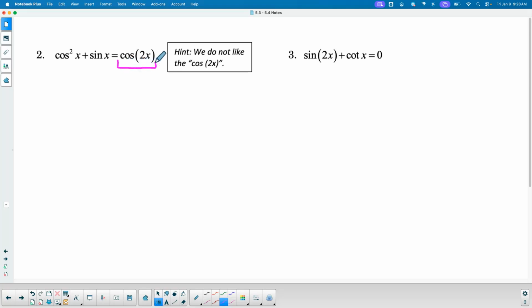So what could we make that one become instead? Cosine squared minus sine squared. That was the first choice that we had in number 22.